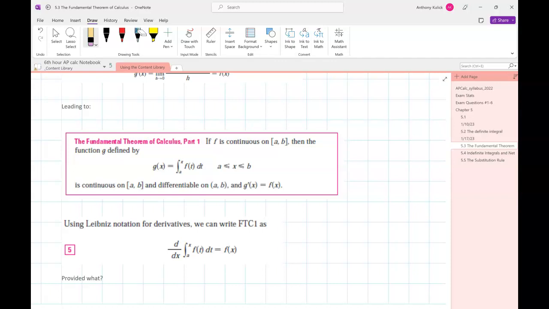But provided we have that, then that function g is also continuous on the interval and differentiable on the interval, where the derivative of g is just f. And this is what I just showed you a moment ago, using the more common Leibniz notation, that the derivative is just canceling out the integral.